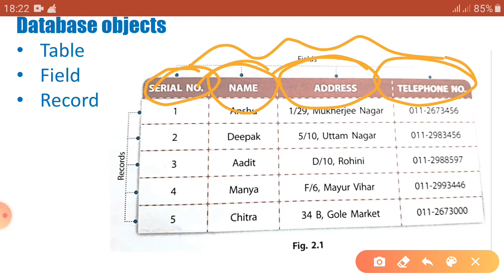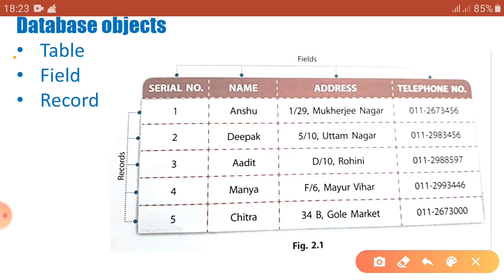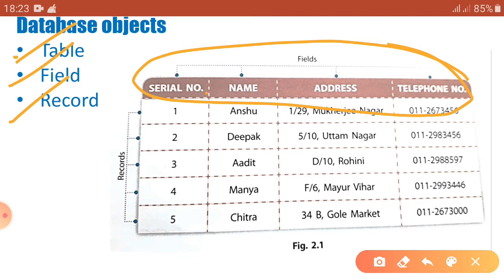A row in a table is called a record. So here we have 5 records. A row contains a single entry for each column. Okay, got it? So what are the database objects? Table, field and records. These are the fields, these are the records.